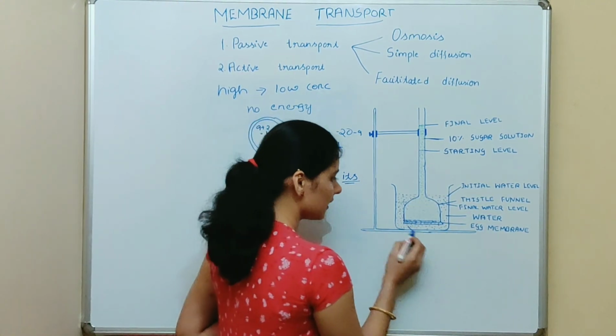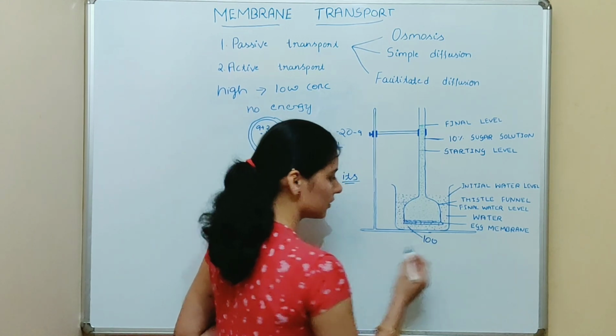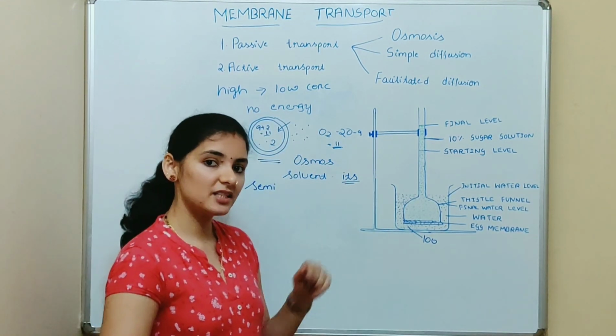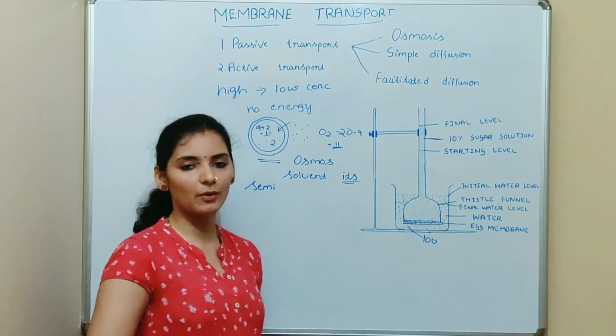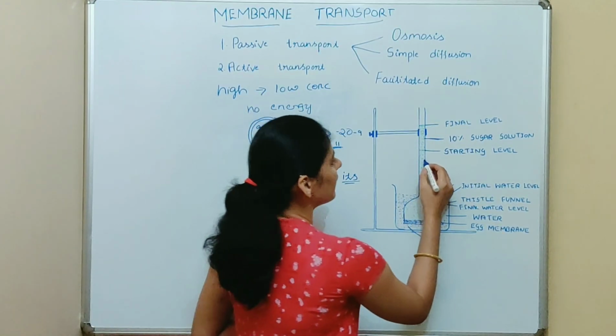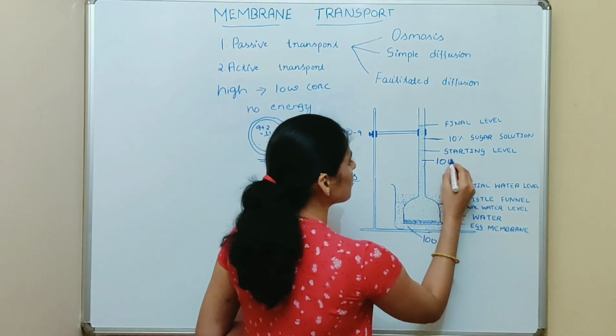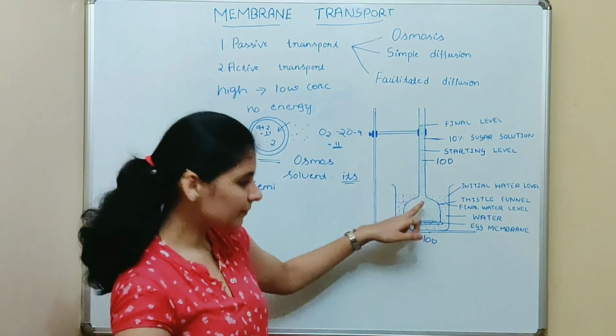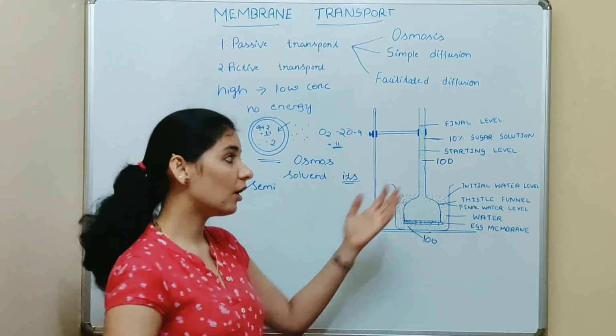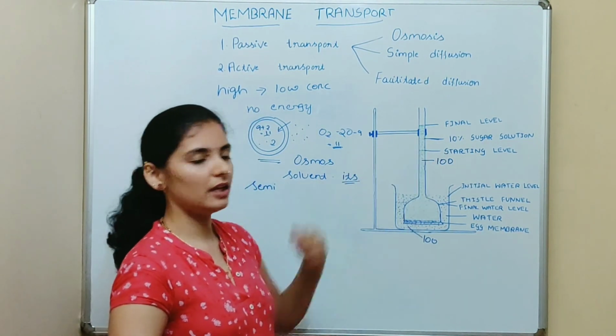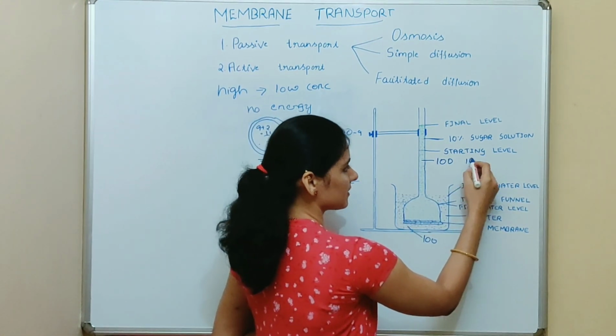So in the beaker, say about 100 molecules of water are present. No solute is present in this water because it is pure water, isn't it? And again, say about 100 molecules of water are present in this sugar solution. So out of 100, around 10 molecules of sugar are present, isn't it?